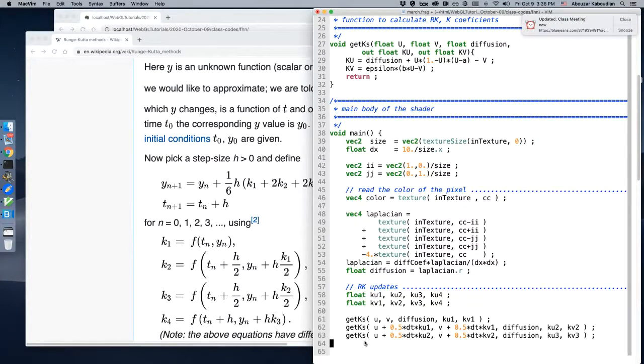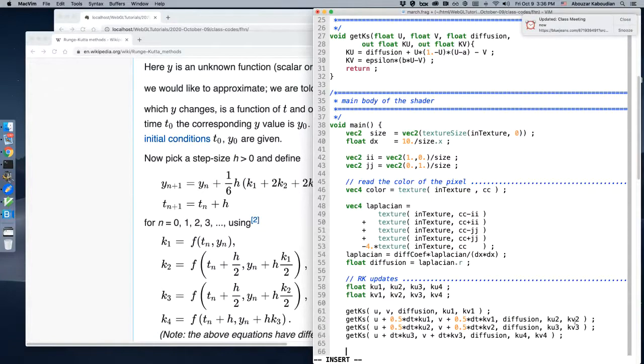And then the last step, you get a full DT, so it's no longer half of that, K3's, V3, K4, and V4 will be calculated as outputs.